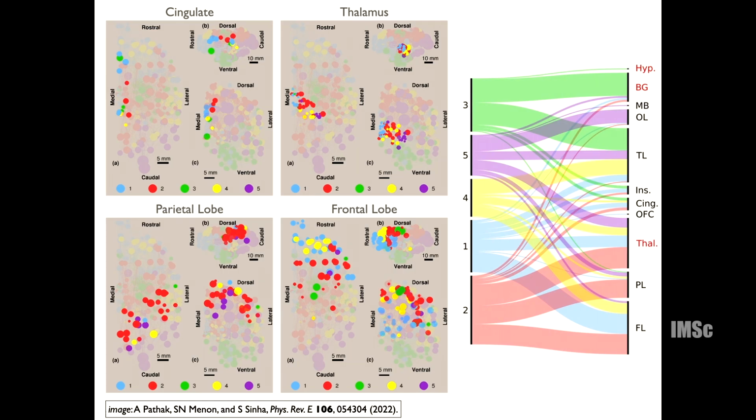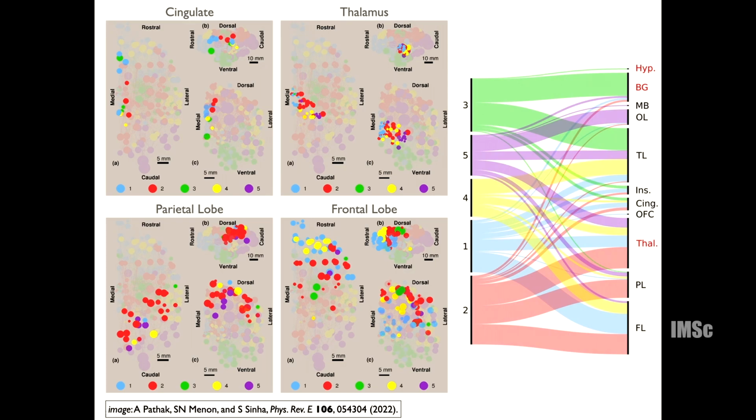Whereas the parietal lobe is mostly 2, and so on. Anyway, this is just to give the idea that there are some brain regions which seem to be dominated by some modules, and some others which are some sort of mixtures of the two.